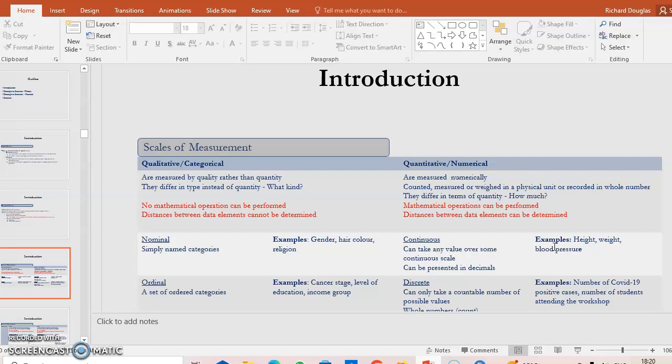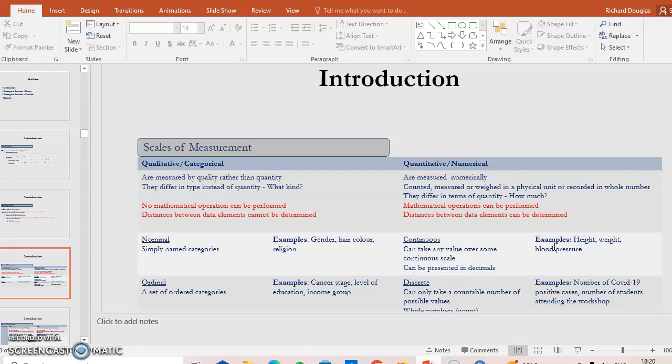So, in terms of the qualitative or categorical, you have the nominal. It depends on how your data is. Your data can be nominal in the sense that you are just interested in describing the quality or the type. Examples of such data could be gender, the color of the hair or the religion, and all those kinds of data can be classified as nominal.